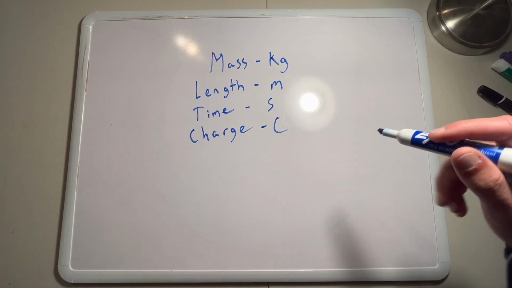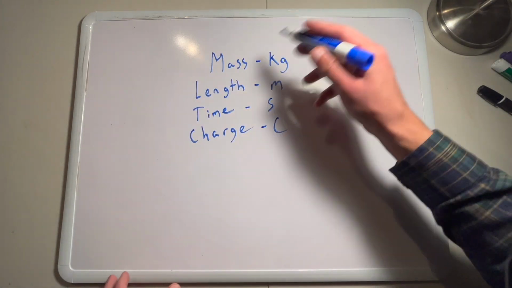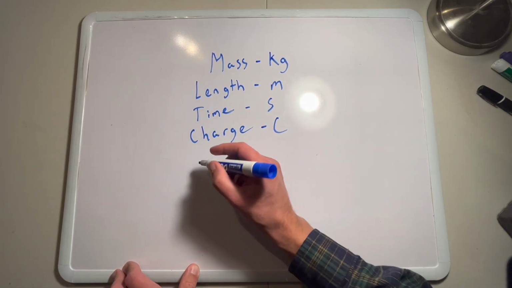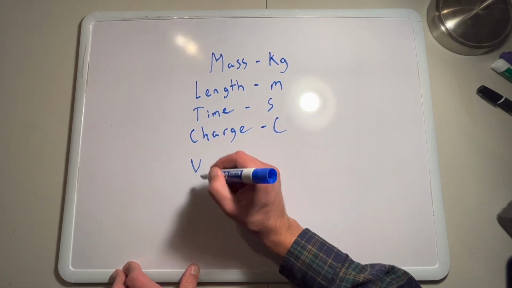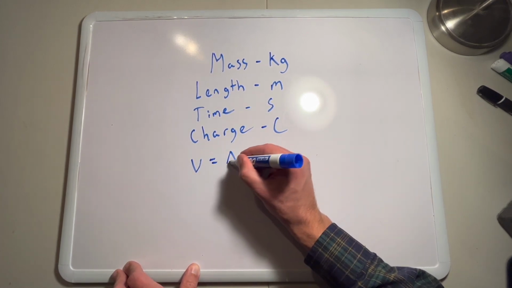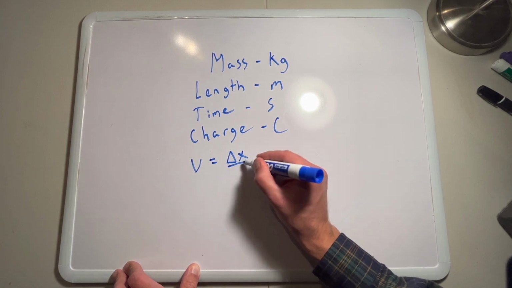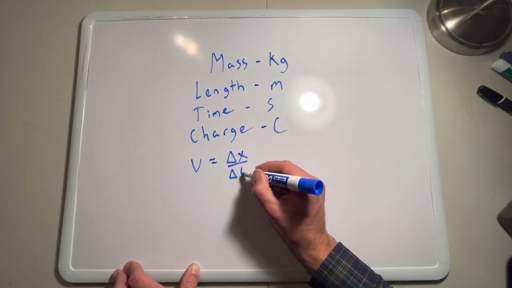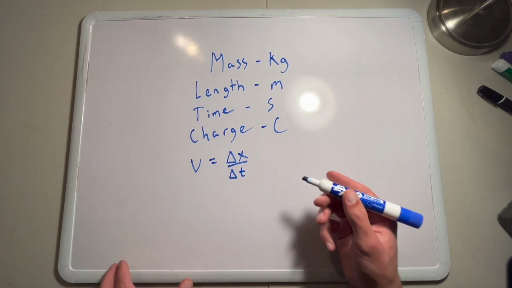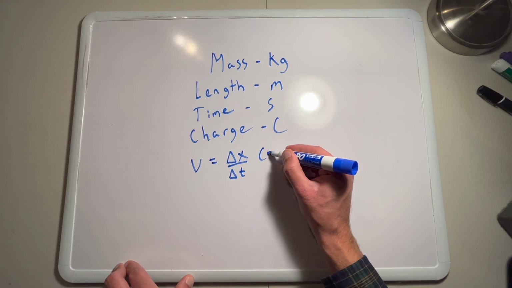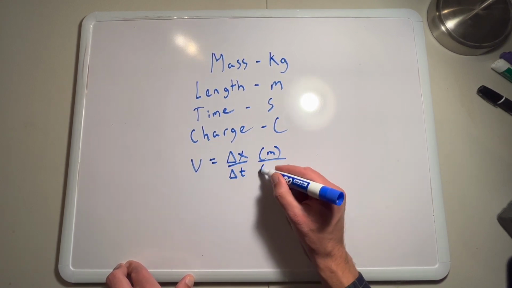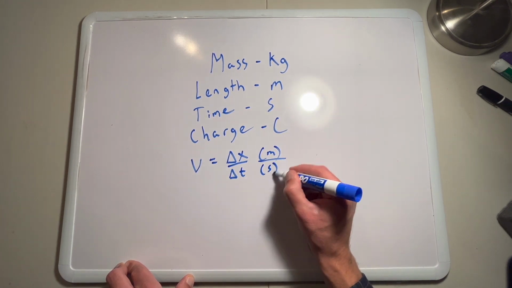Now every other unit we use can actually be pulled out of these. So for one simple example, we can use velocity, and velocity is equal to change in position over change in time. And so the units for that will be position, or length, meters, over time, seconds.